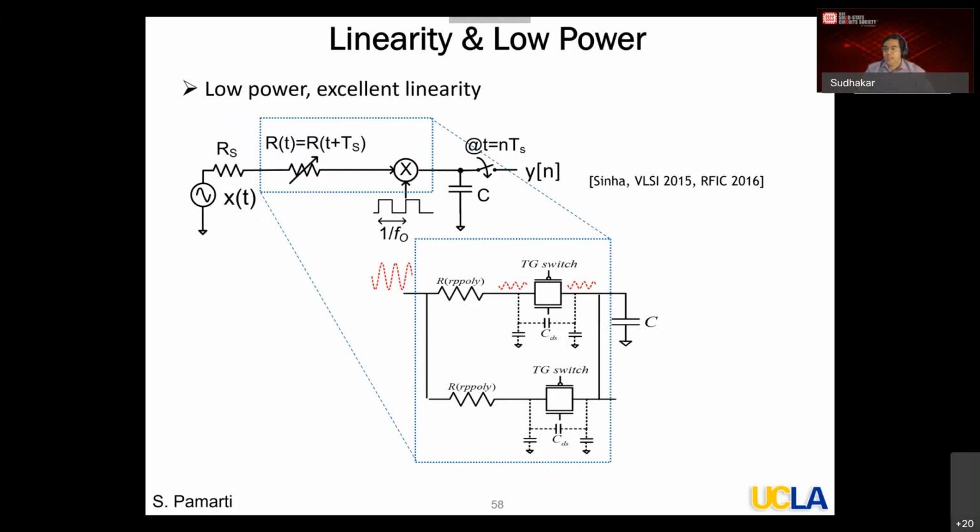If a particular parasitic is charged up to some value in one phase of the clock, when one particular resistor is on, and later on when I switch it out, we do simple things like discharging it. Otherwise you will have some weird code-dependent time-varying nonlinearities. So we do simple things like that, which are usually good practices even in simple resistor DAC design.